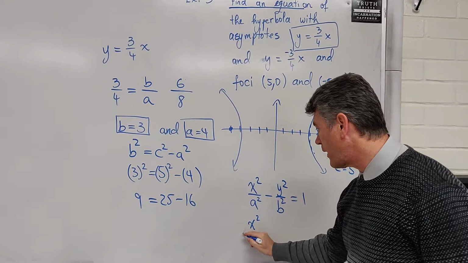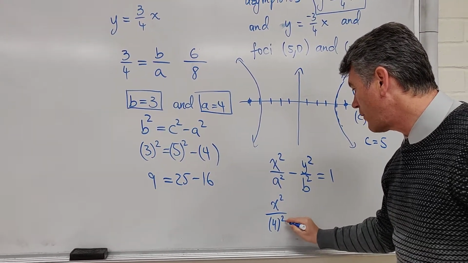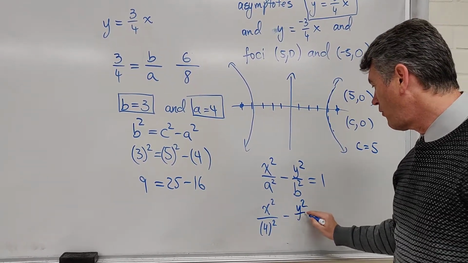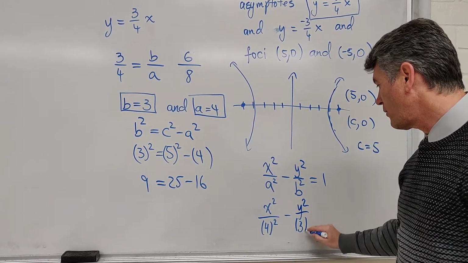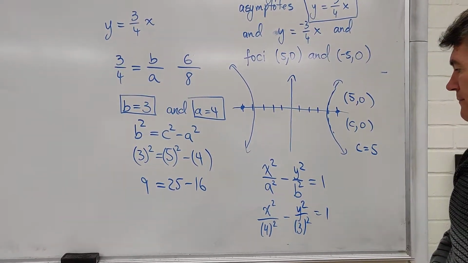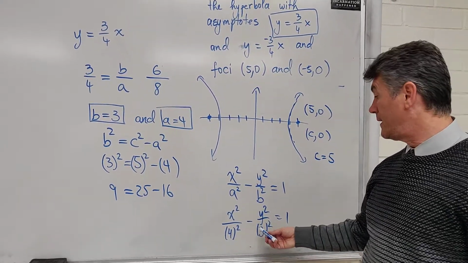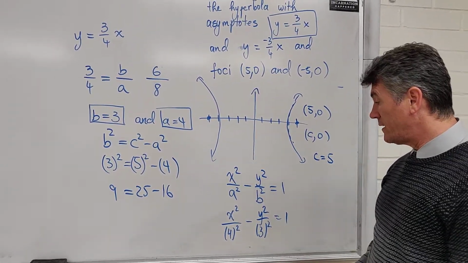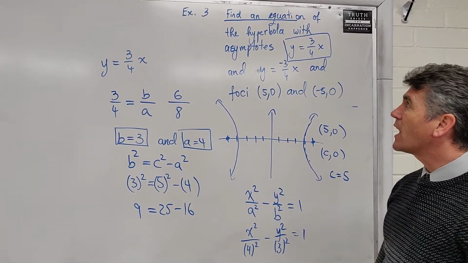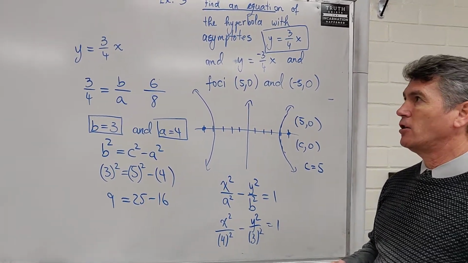We have x squared over 4 squared minus y squared over 3 squared is equal to 1. Now, you all know that 4 squared is 16 and 3 squared is 9, so you can finish the problem yourself. I'm done with example 3. I did everything I was asked to do.